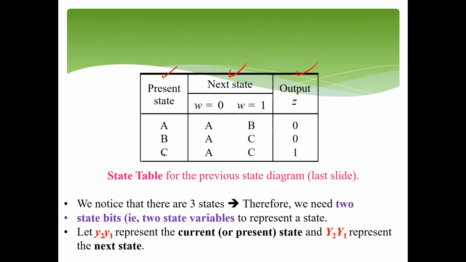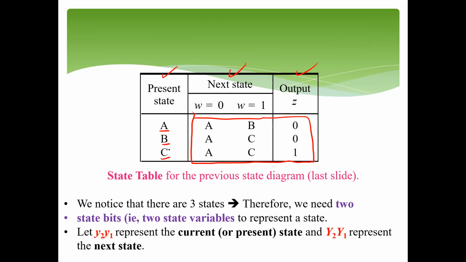For the present state, I have only 3 states, so I list them A, B, and C. And then from looking at the state diagram, you will fill these values. The next state depends on the input, so I will have 2 columns here, one for W equals 0 and one for W equals 1. Now if I'm at state A, which is the initial state, if W equals 0, I will stay at A. And if W equals 1, I go to state B.